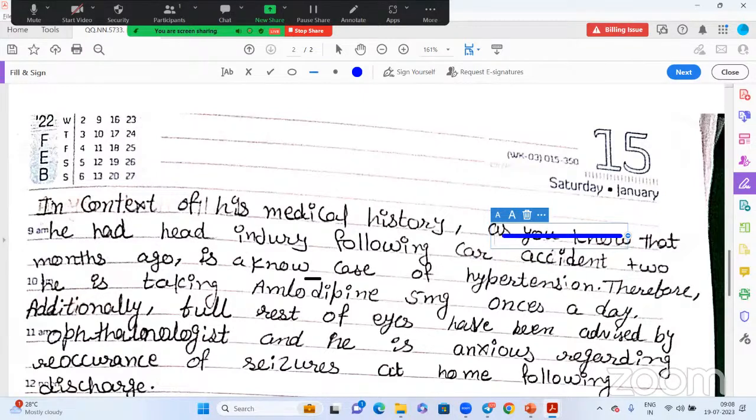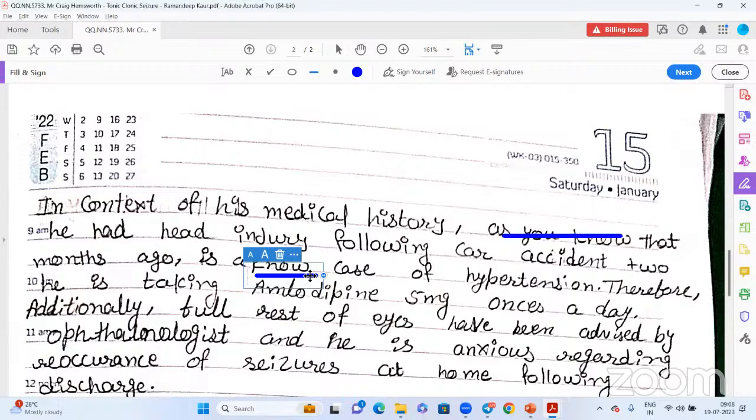He is a known case of hypertension. If he's a known case of hypertension, why are you telling him? He is the patient's GP, he already knows this information. Tell him what he does not know.